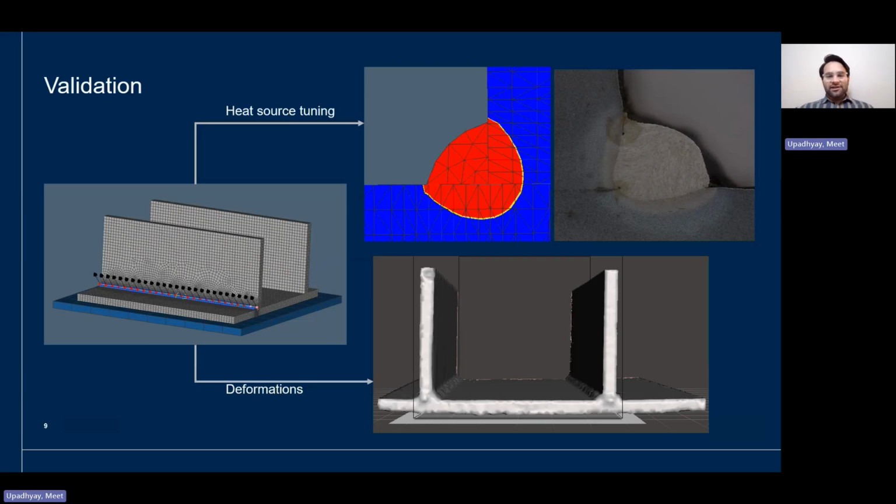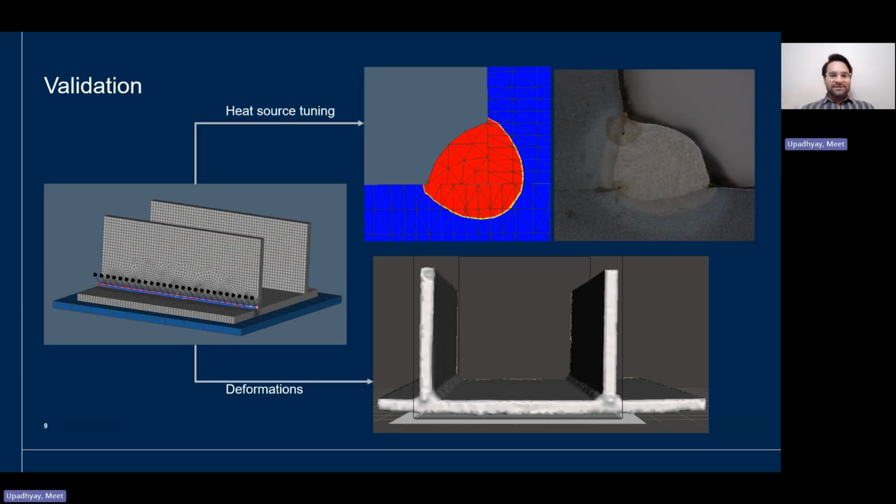And this is defined based on taking sections of that completed part and etching them to understand where the melting has happened, where the heat affected zone is, and then they are able to use this information to reduce or increase the power that is supplied to the weld to match it more closely to what's happening in the real process.